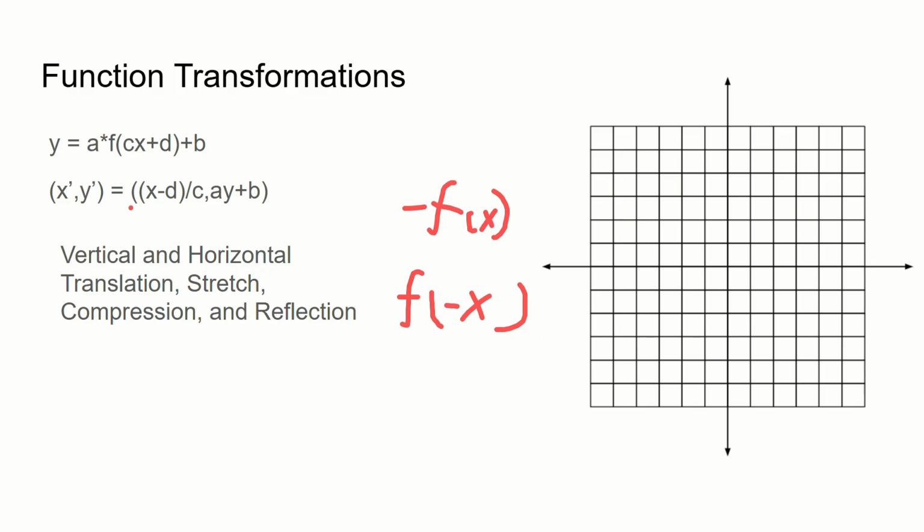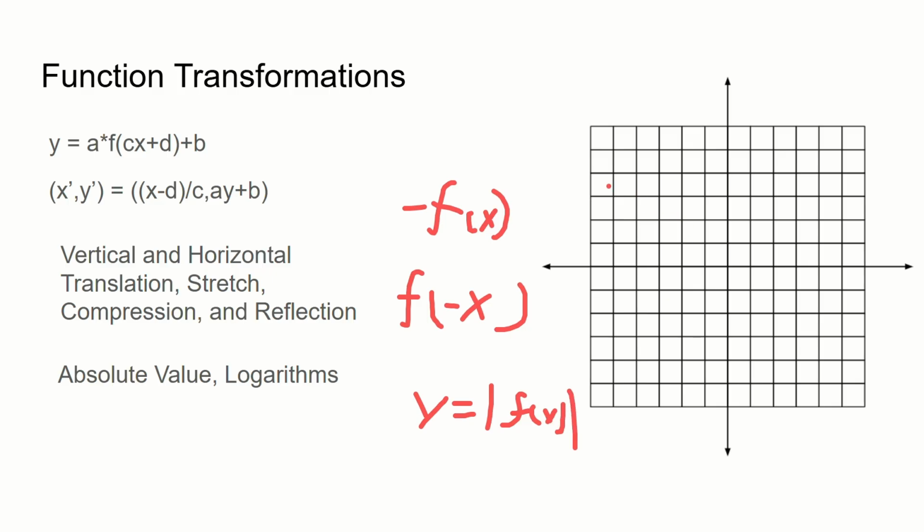But simply, for y, follow order of operations, and for x, solve for whatever this would be on the other side. And there are also other ways of doing function transformations. So if we had y is equal to the absolute value of f of x, let's say this was the original function, the new function would be the same, except we would have that little hump, and this part would go up.